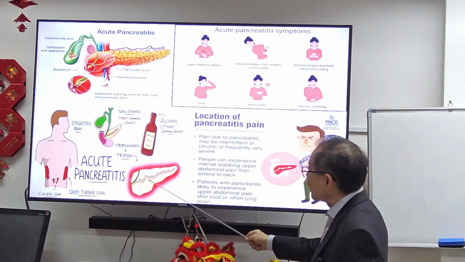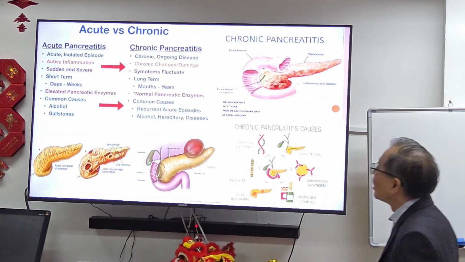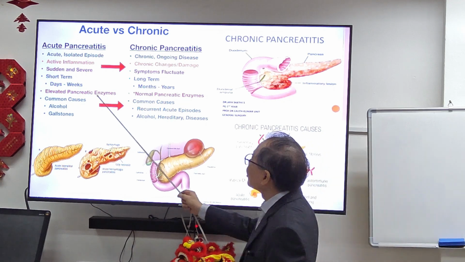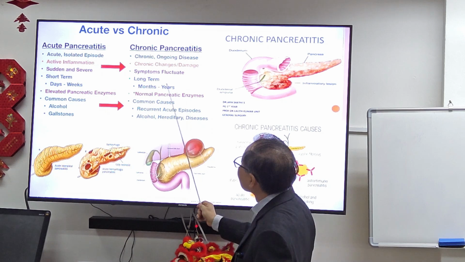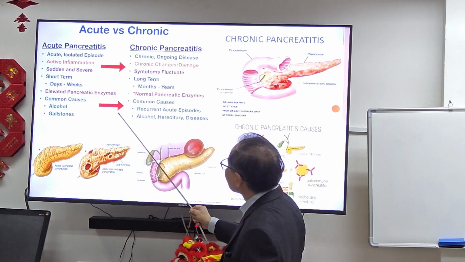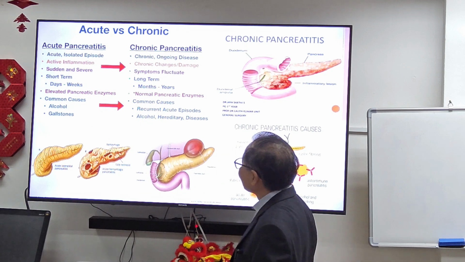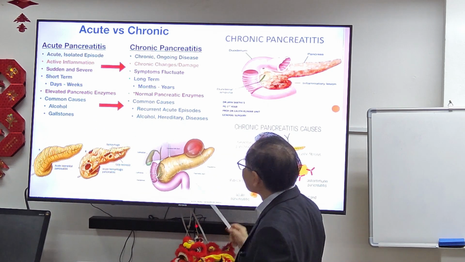That's because the gallbladder and the pancreas are very closely linked together. So you don't want your acute pancreatitis to become chronic. Because when it becomes chronic, that means either you are a very stubborn alcoholic that refuses to give up alcohol, or the gallstones keep persisting.